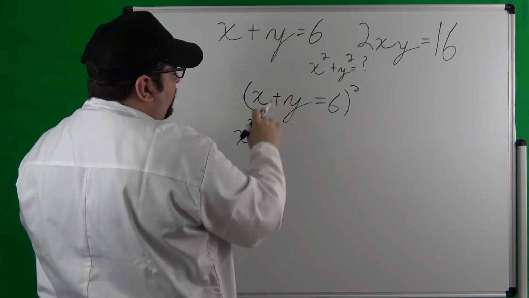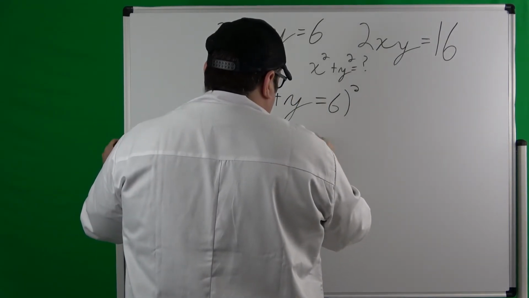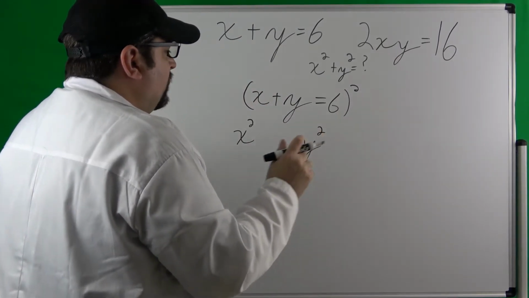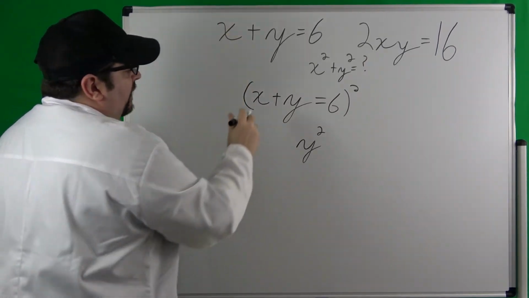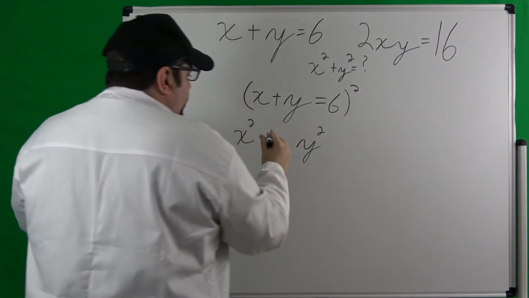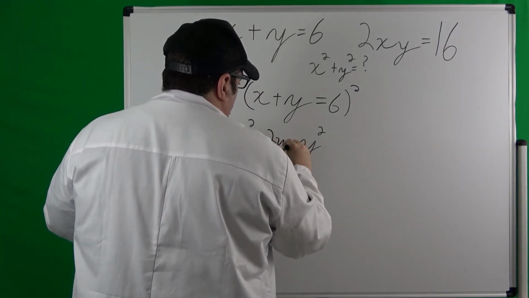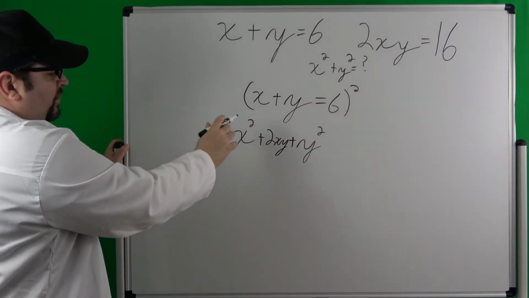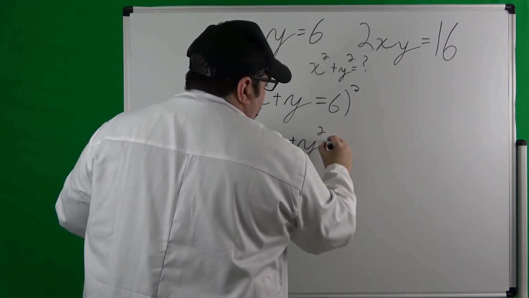Here's how you square a binomial: first term squared, second term squared, and in the middle, you multiply them and then double it. So xy times 2 is 2xy. So we got x squared plus 2xy plus y squared equals 36.